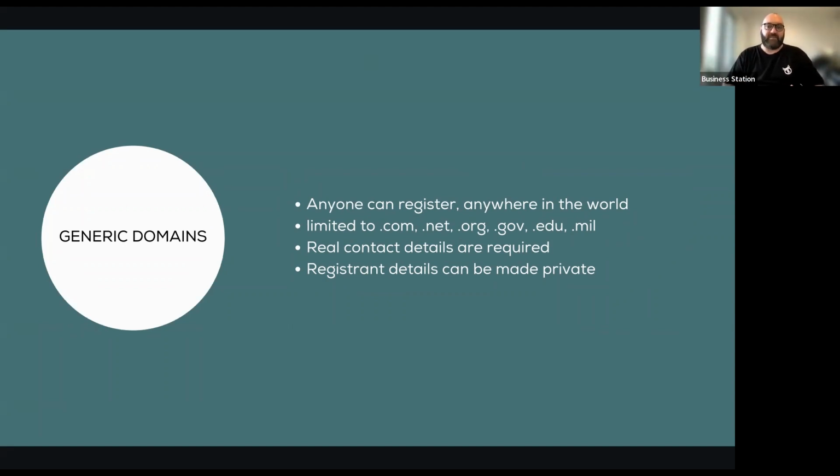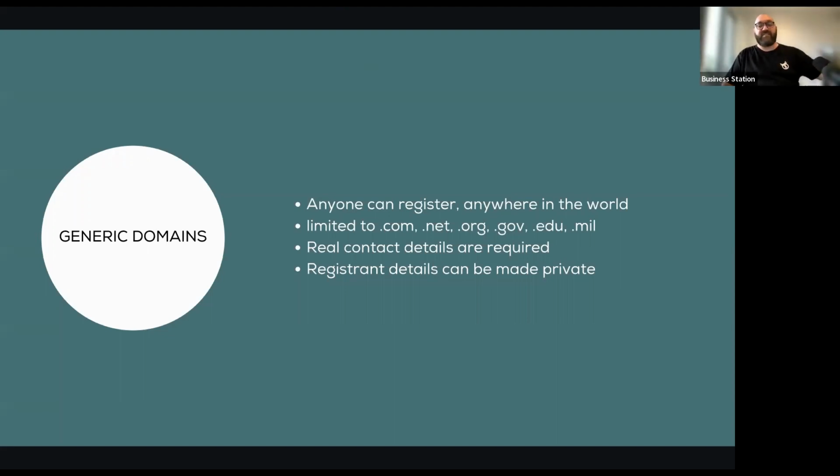That's what it's for, commercial. .net is for networks. So a lot of internet service providers in the early days didn't have a .com, they had a .net. .org is for not-for-profit organizations, even though you don't necessarily have to go to a lot of trouble to prove that for a .org. But if it was a .org.au, that would be a different story.